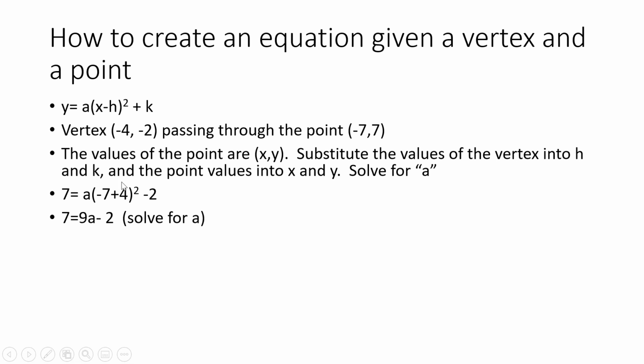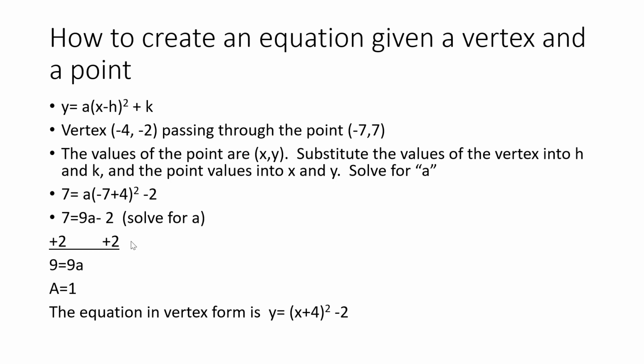So this step here, our parentheses and exponent, give us 9a. Now we can easily solve for a by adding 2 to both sides, divided by 9, and we get an a value of 1. So the equation in vertex form is y equals 1 times (x plus 4) squared minus 2.